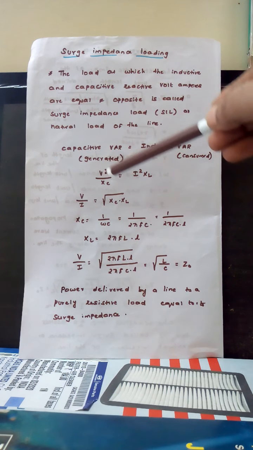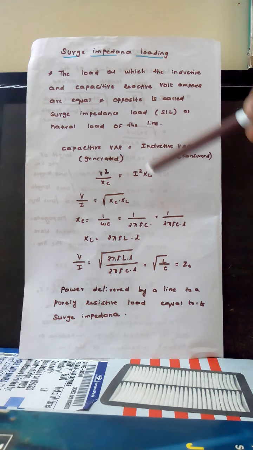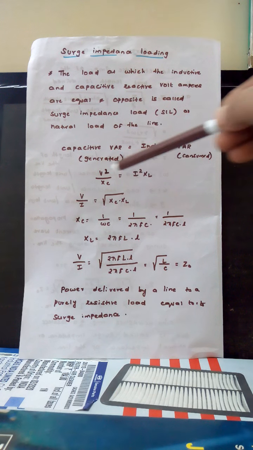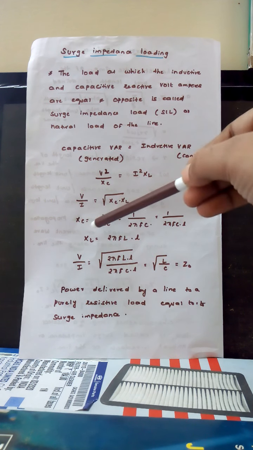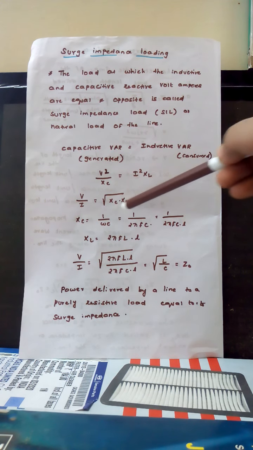So we can write V squared by XC equal to I squared into XL. From this we can find V by I equal to root of XC into XL.